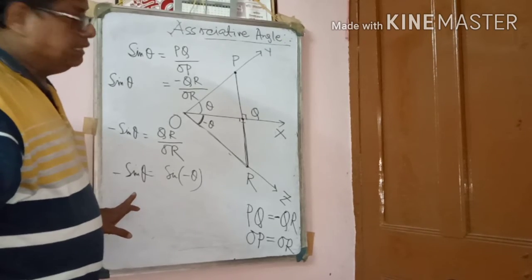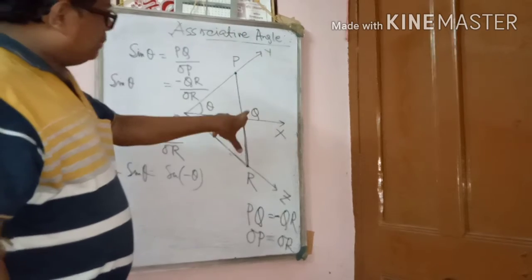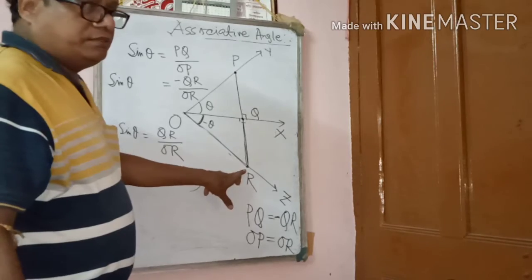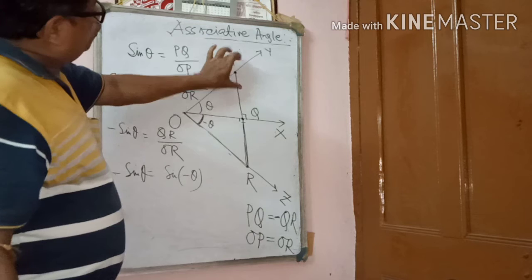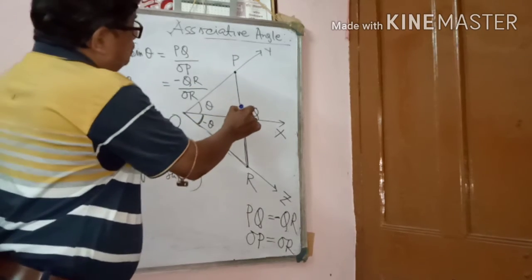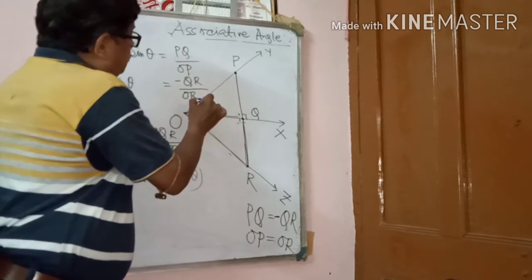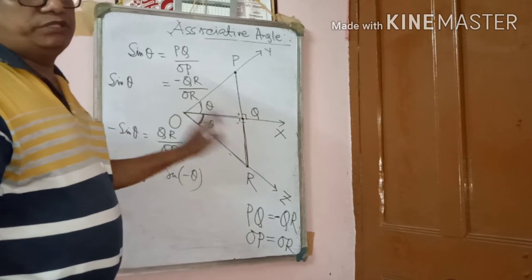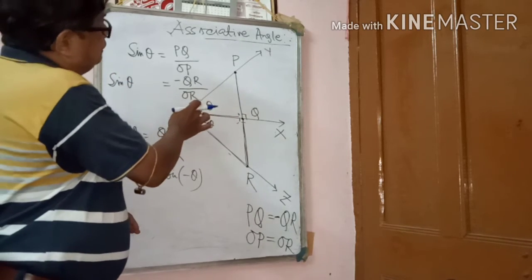Again, I am taking first P, any point on OY, draw a perpendicular and extend it up to the point R. Now consider two triangles. Here the angles are equal, both are 90 degrees, this is the common side, and both angles are equal in numerical value. So the two triangles are congruent. Now we are finding this angle's sine.